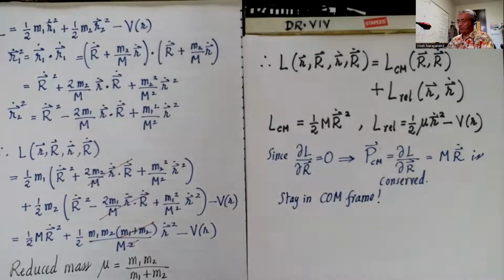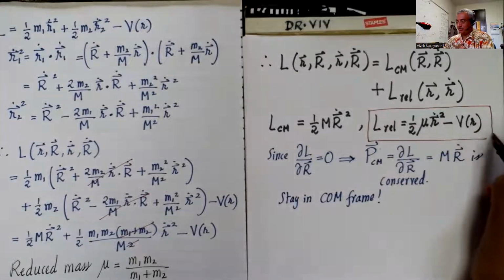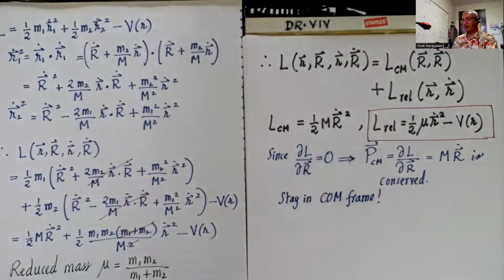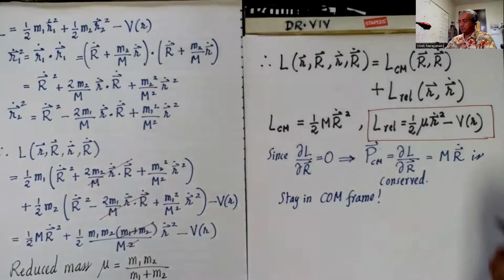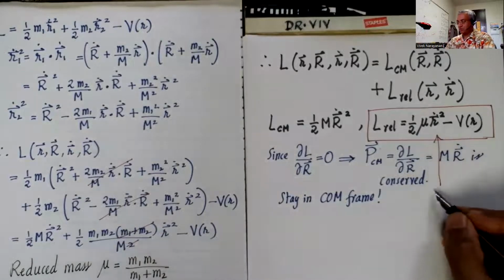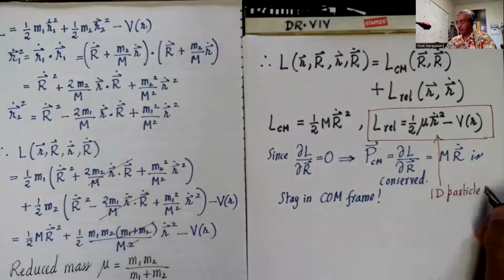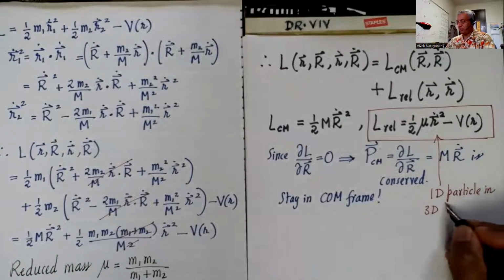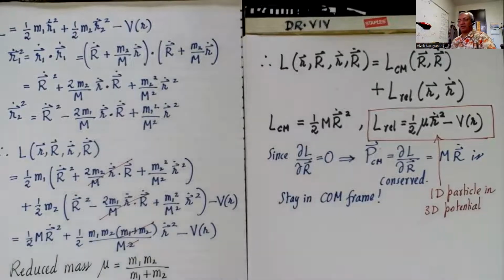The two-body problem has now been reduced to a one-body problem where the body has got a mass mu. So it's a 1D particle in a 3D potential.